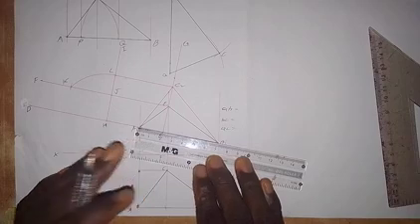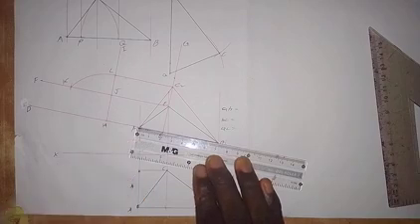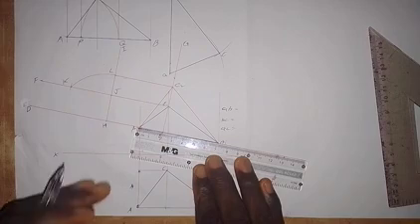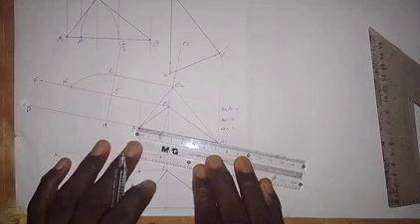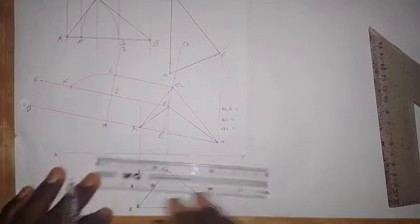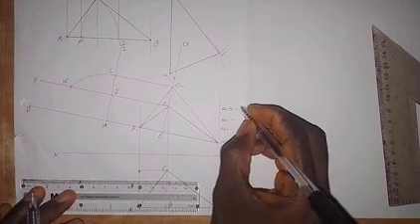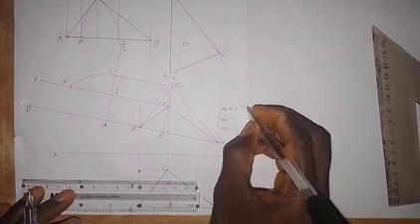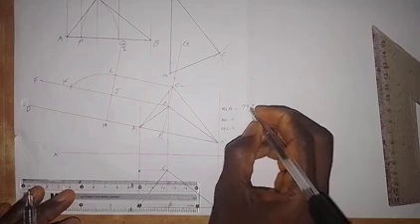When it comes to work like this, there will be variation. When you are taking the measurement, it can be 70, 71, or 72. If it's 71 or 72, don't worry. You are still right, as long as it is not less than 70. So AB is 72 plus or minus 1.